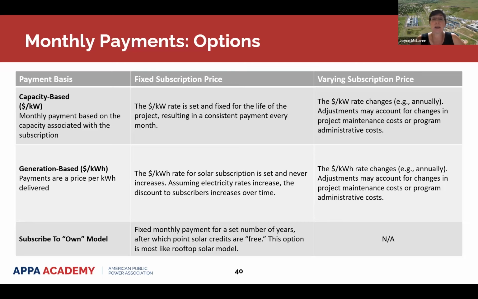So generally, either you'll have this fixed cent per kilowatt hour price, or you'll state that you're going to revisit the kilowatt hour rate every year, every 5 years, whatever you end up deciding on. But of course, a good practice is to give them as much certainty as you can when they sign up about what they're going to be paying for their subscription.